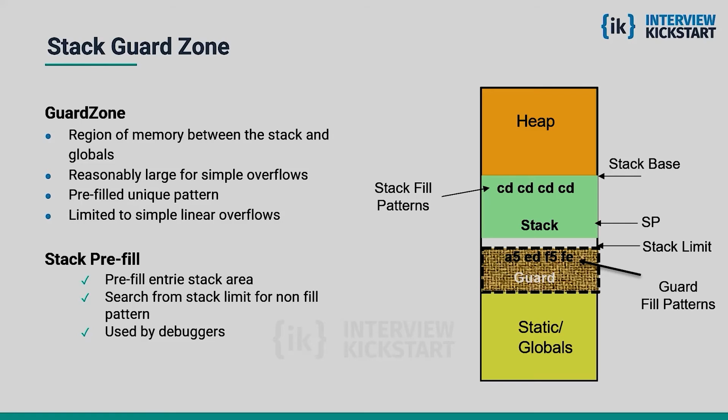The picture here shows the heap and stack under static global variables, but in addition, there is a guard zone. The idea of a guard zone is to protect, in the case of stack overflow, the global variables and stack variables from being overwritten.